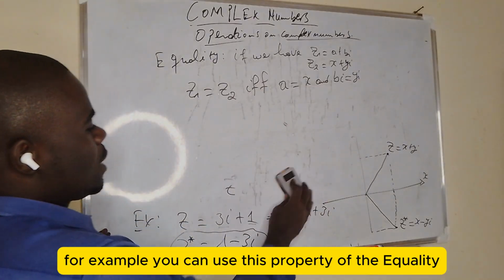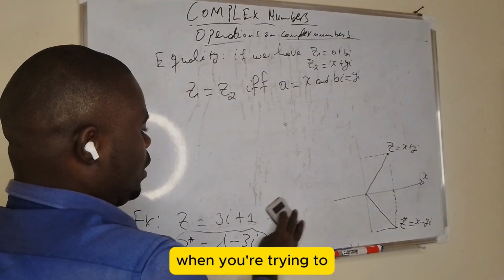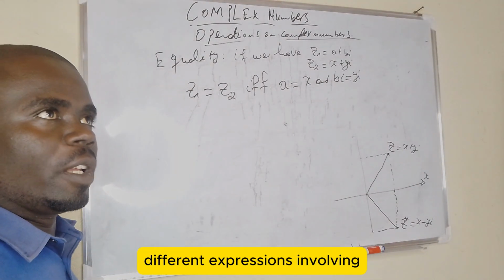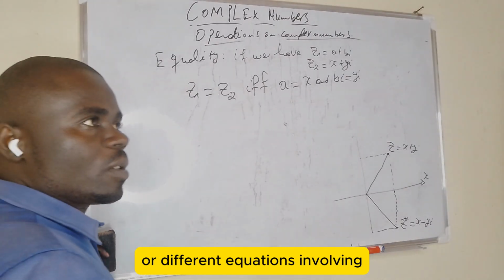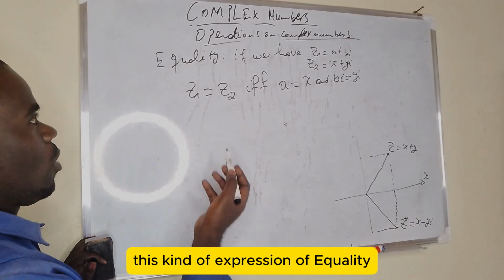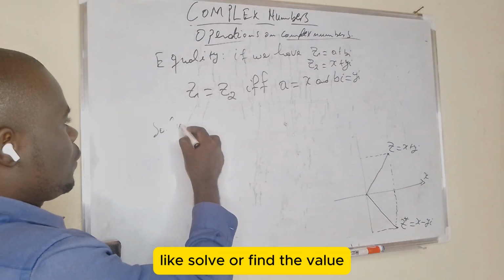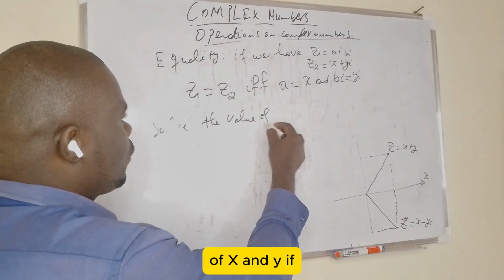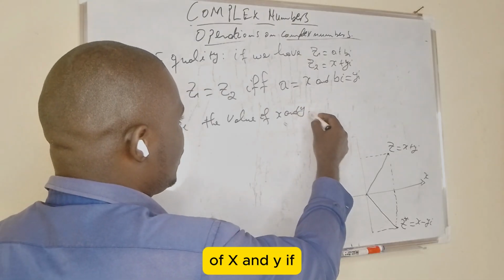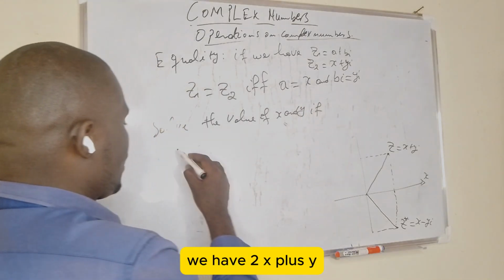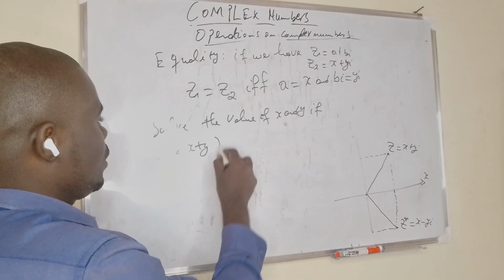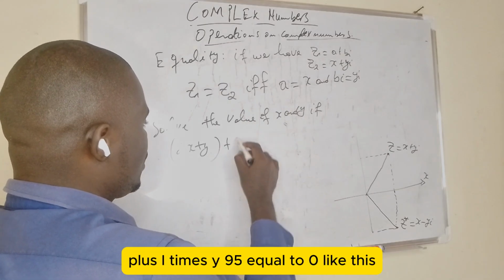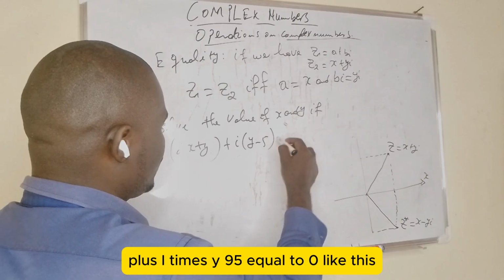For example, you can use this property of equality when you are trying to solve equations involving this kind of expression. Solve or find the values of x and y if we have 2x plus y plus I times (y minus 5) equal to 0.